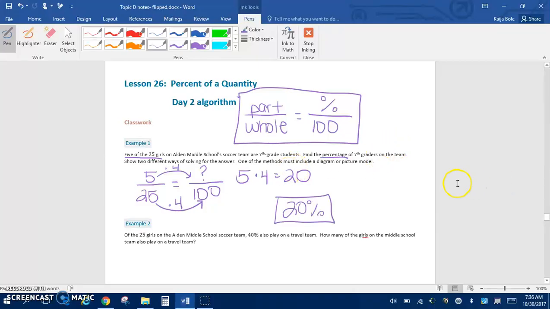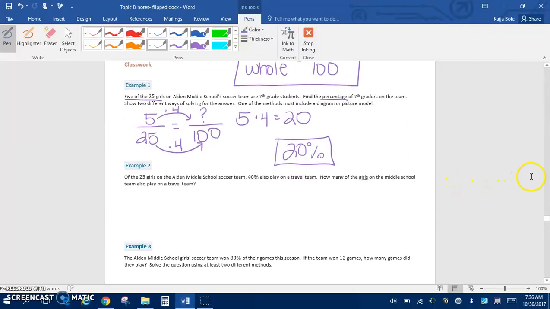Alright. Example 2 says, of the 25 girls on the Alden Middle School soccer team, 40% also play on the travel team. How many of the girls on the middle school team also play on a travel team? So there's 25 total. If we set up our algorithm here, there's 25 total girls. We know percent is always out of 100, and they told us that it's 40%.